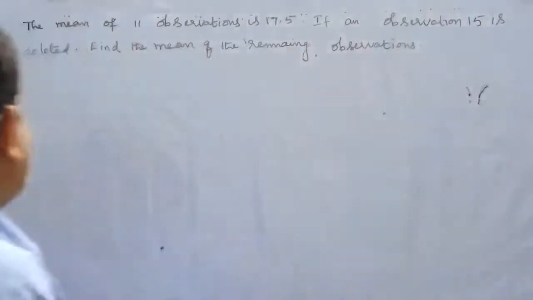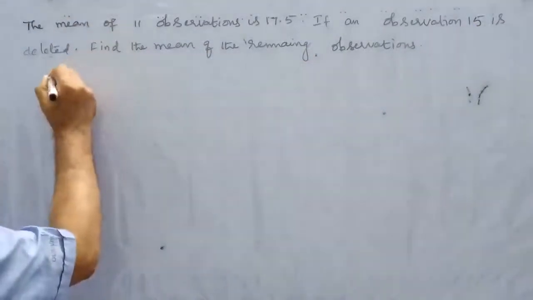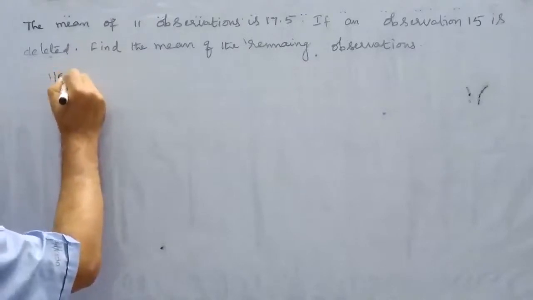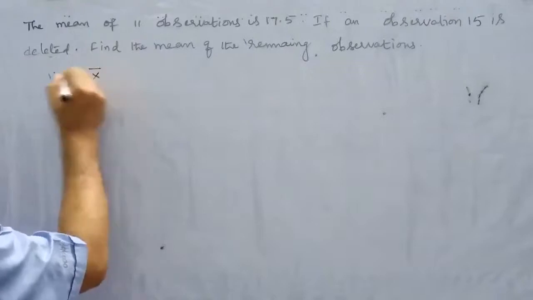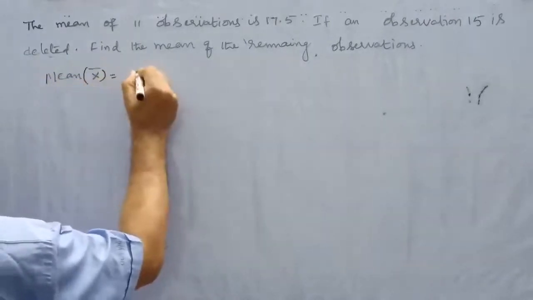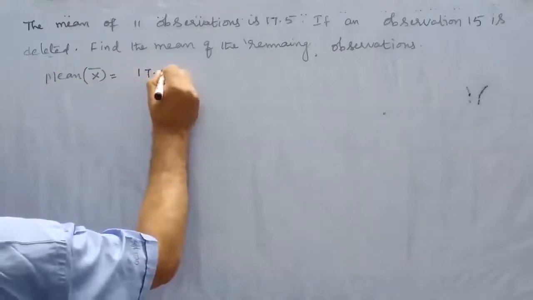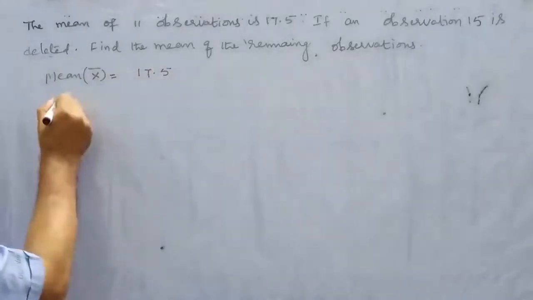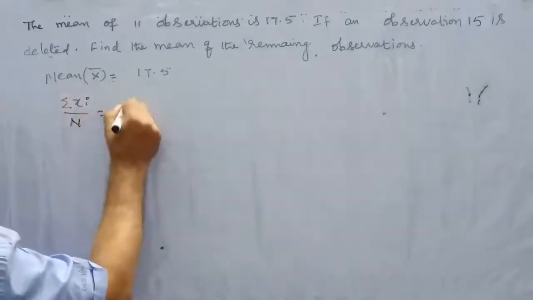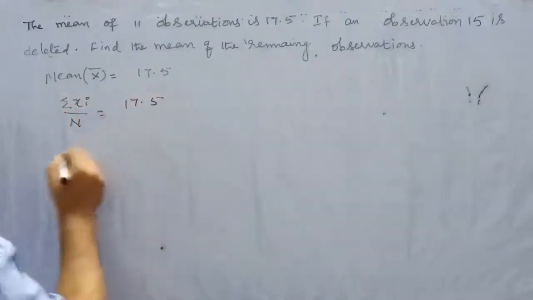Now see here, average or mean x bar is equal to 17.5. Sigma xi by n is equal to 17.5.